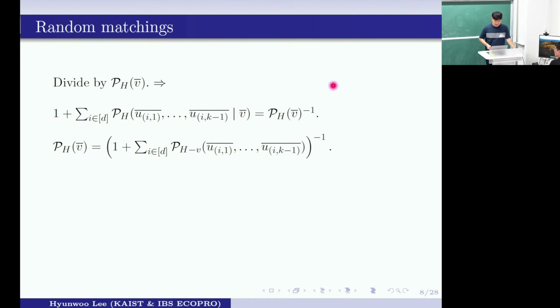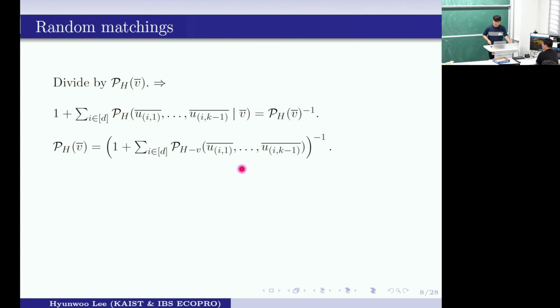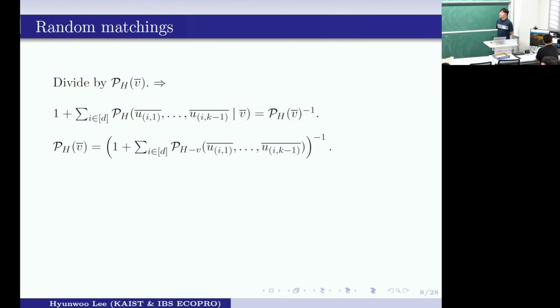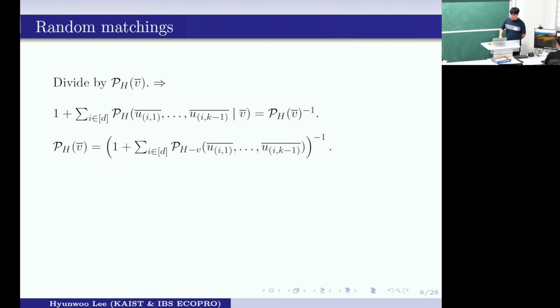So we can estimate this probability by P_{H-v} of this event. And also H minus v is just deleting one vertex from a large regular linear hypergraph, so in some sense H minus v is still almost regular and still linear. So we may assume that these events are mutually independent.